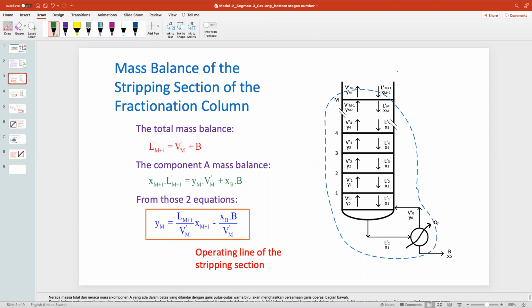Here we have L_M going in, and the ones going out are V_M and also B, so V_M plus B. The component A mass balance is x_{M+1} multiplied by L_M equals y_M V_M plus x_B B. So it's basically the same as the previous one but with a different envelope.